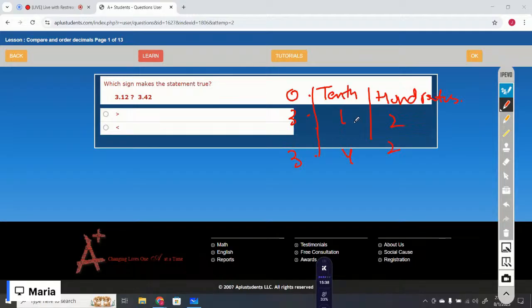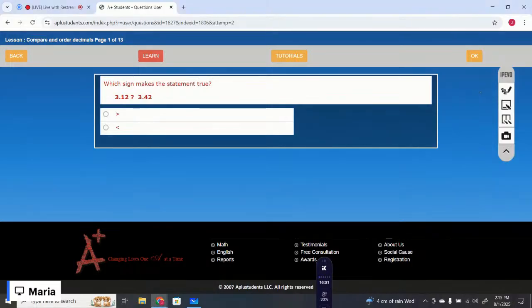Then the tenths, 1 and 4. 1 is less than 4. That means 3.12 is less than 3.42. Option number 2 is the correct option.